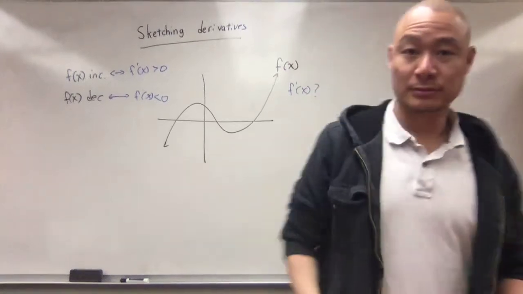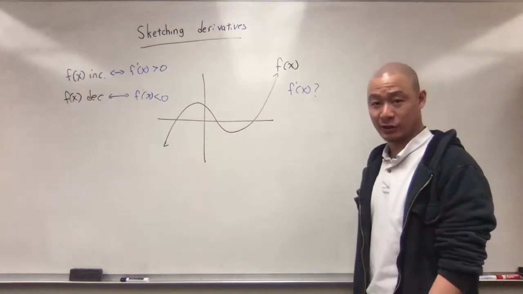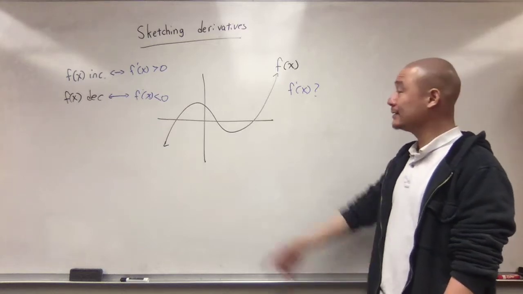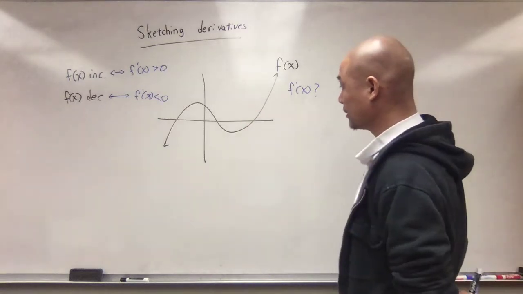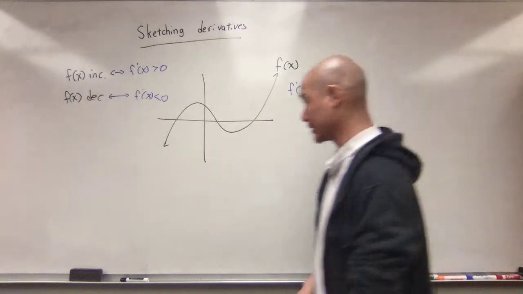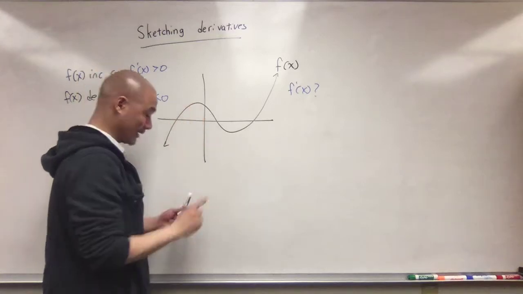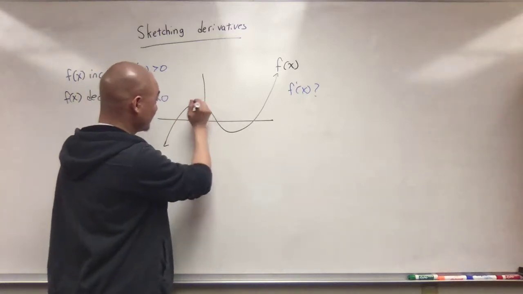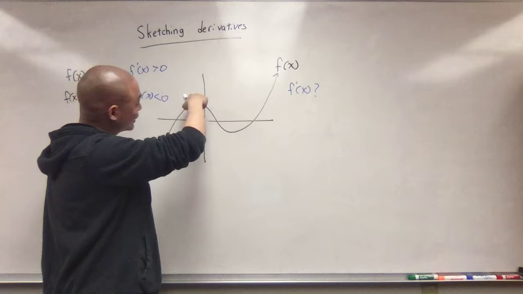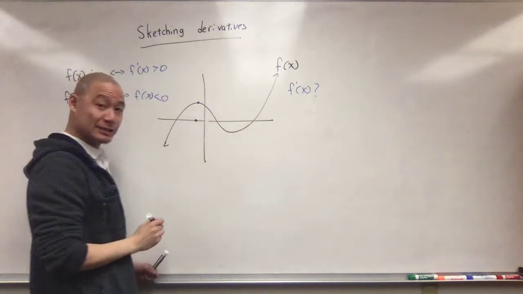So I can look at a function like this and I can quickly determine when my function is increasing, when it's decreasing, and when it's transitioning between those two things. So it looks like I'm increasing up to here, and then that is my transition from increasing to decreasing. So my derivative is 0 there, right?